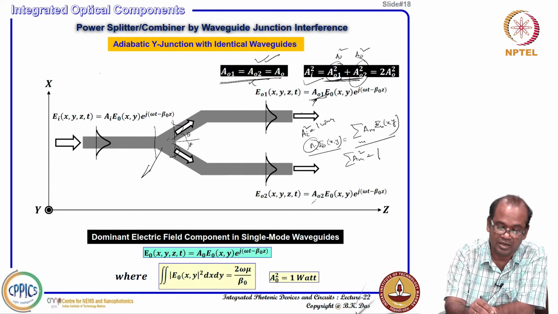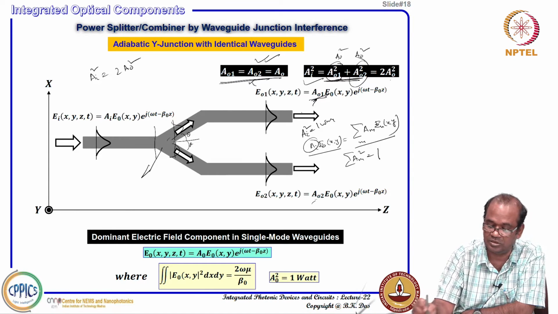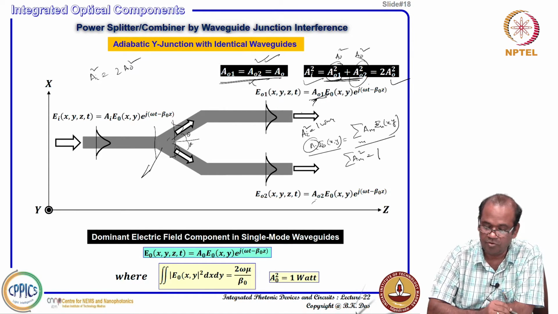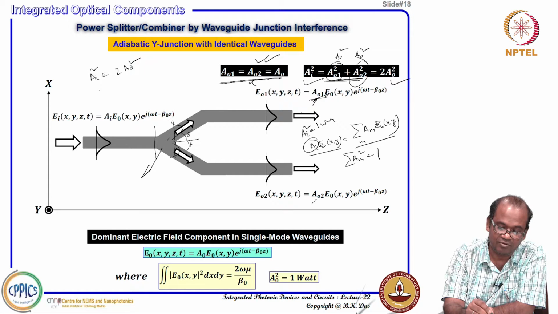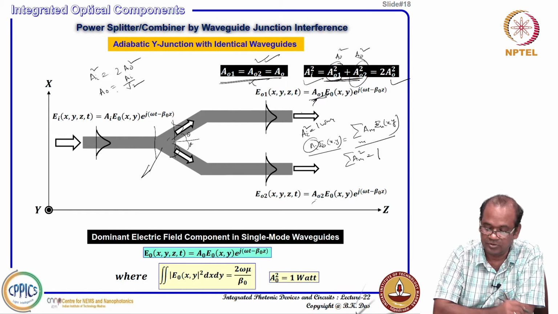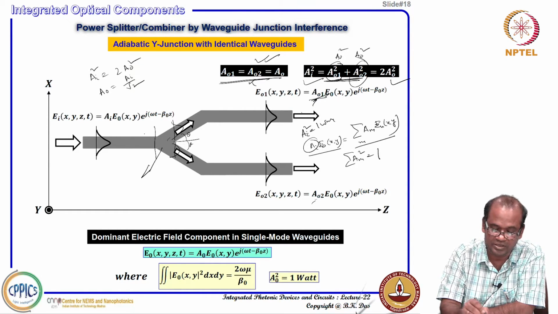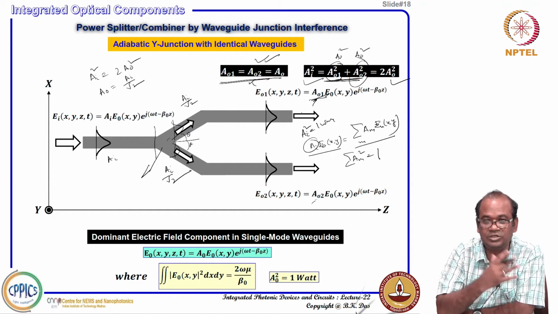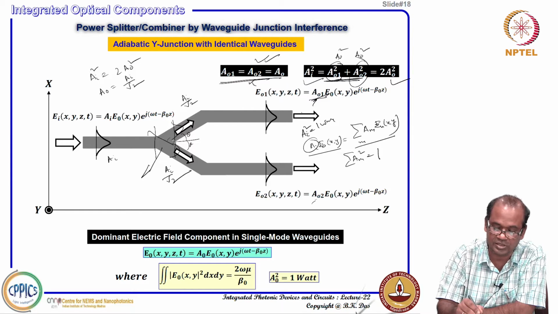Then we can write A_I square equal to 2 A_0 square. So A_0 should be equal to A_I by root 2. That means amplitude division in the Y junction: if it is A_I at the input, here you will get A_I by root 2, and here also A_I by root 2, which ensures your energy conservation, assuming no loss.